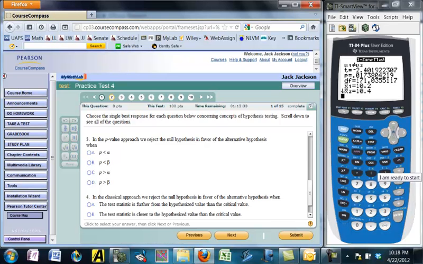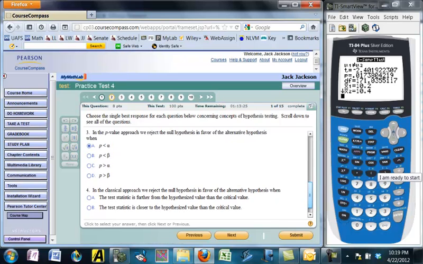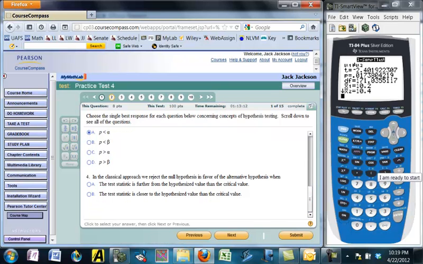In the p-value approach, we reject the null hypothesis in favor of the alternative hypothesis when p is smaller than alpha. If the p-value is very small, then the probability of making a type 1 error is very, very small, and that's what we want to happen if we reject. In the p-value approach, you're comparing p-values to alphas.